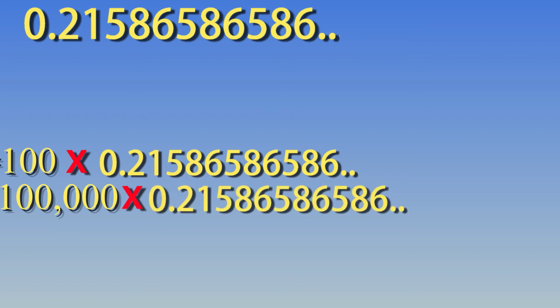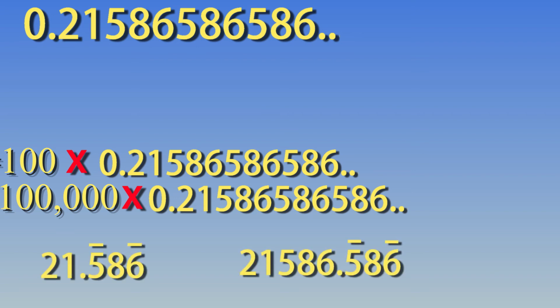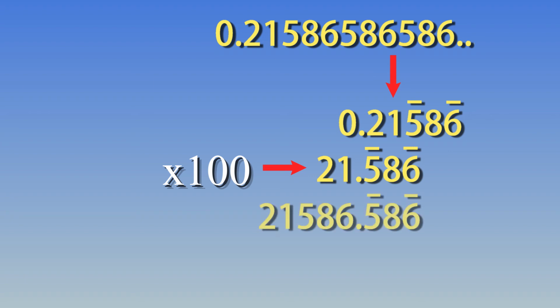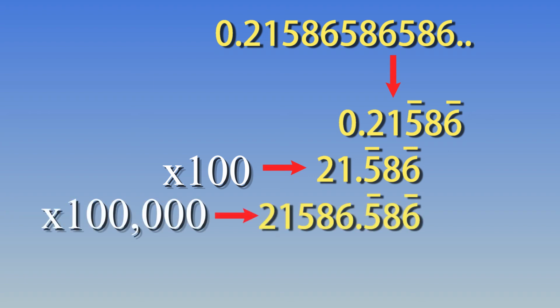These two results give us 21.586 recurring and 21,586.586 recurring. So now we have three numbers: the original recurring decimal, one which is 100 times the recurring decimal, another which is 100,000 times the original recurring decimal.